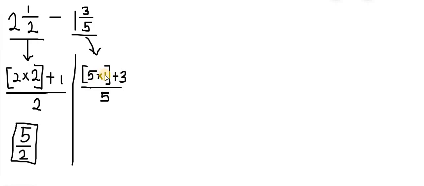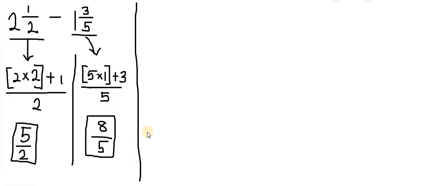So 5 times 1, that's 5, plus 3, that's 8 over 5. So those are the fractions we now use. Okay? So I then say 5 over 2 minus 8 over 5.